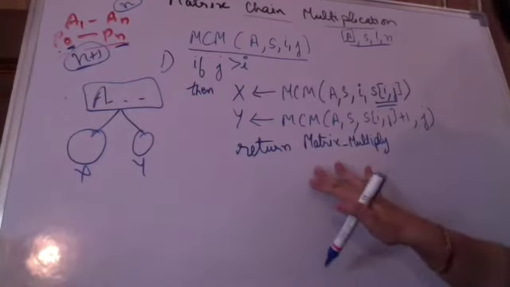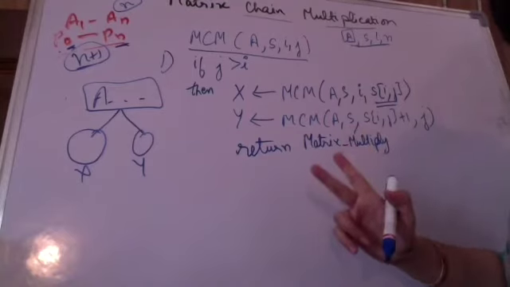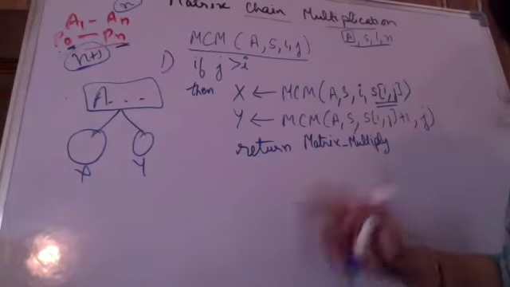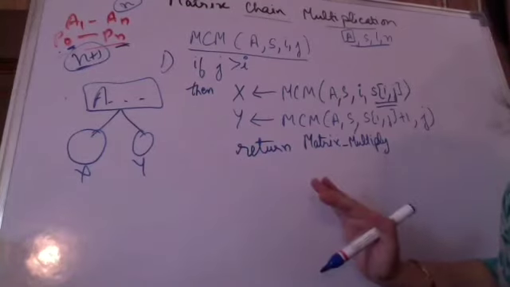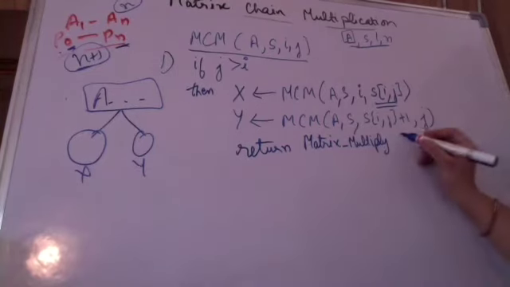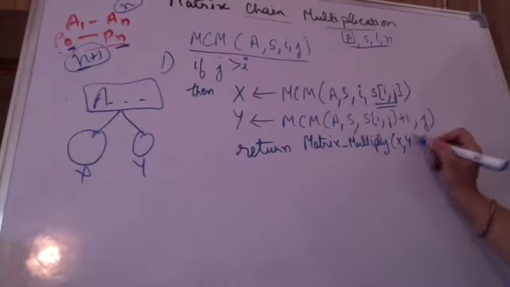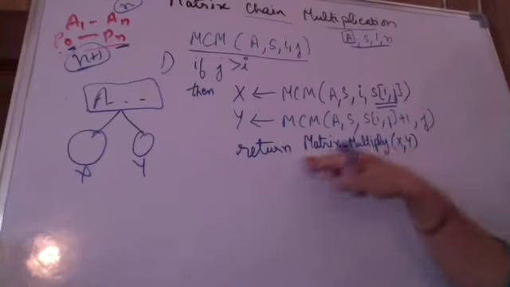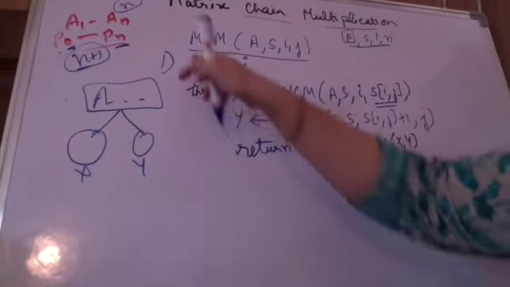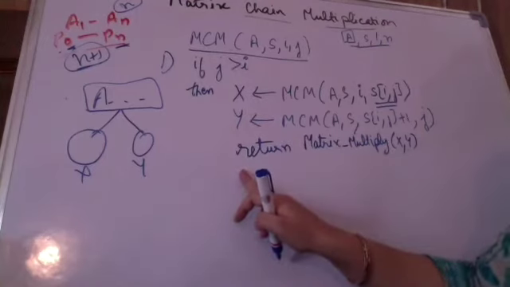I don't need to explain that, multiplying two matrices: c i j is equal to the sum of a i k into b k j, running over the values of k. Okay? Yes, ma'am. So I am calling matrix multiply for x comma y. Whatever result comes, that will be the final result returned from here. This was all for j greater than i.